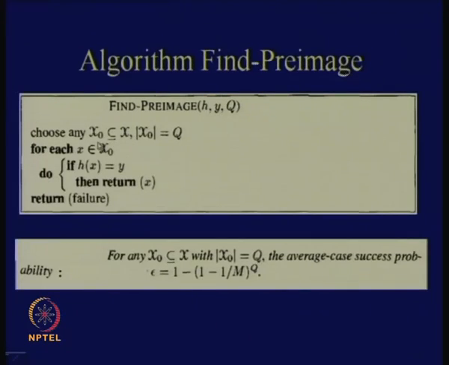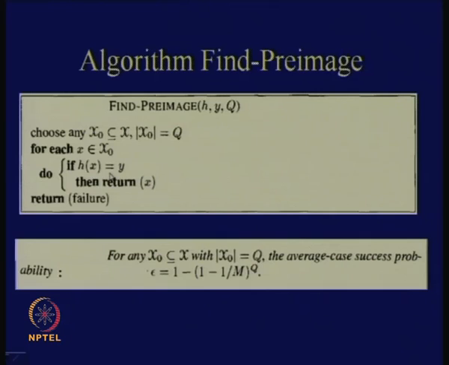It will choose any x naught which is a subset of x. You see that this is a random choice, but the cardinality of x naught in this case is q. For each value of x which belongs to x naught, I will check whether h of x is equal to y. If h of x is equal to y, then I will return x. This can be a simple algorithm.